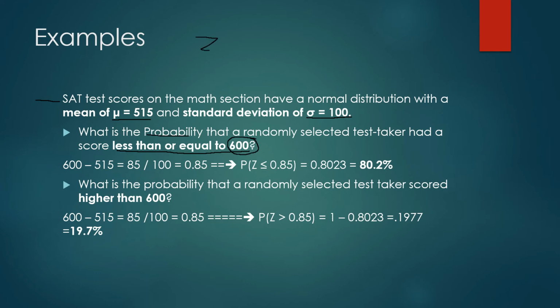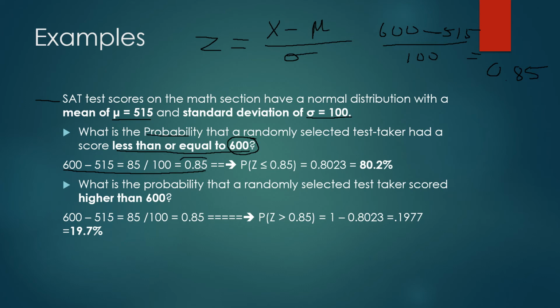If we remember the formula from a couple slides back, the z-score equals x, or 600, minus the mean, mu, over the standard deviation, sigma. I did it right here. 600 minus 515 over 100 equals, if you put that into the calculator, 0.85.